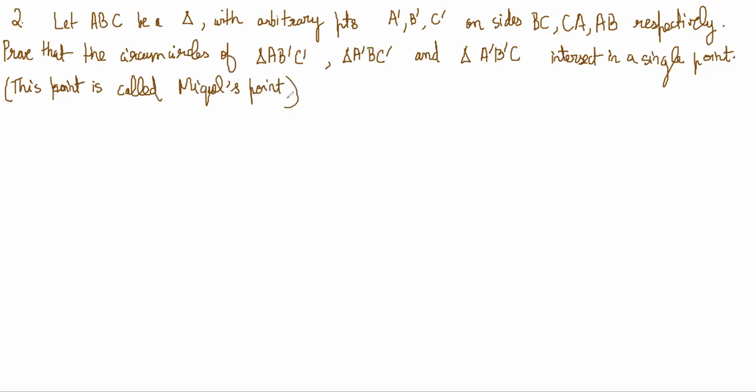So I'll draw a figure. You have a triangle like this, ABC, and you have three arbitrary points. One is C' here, one is A' here, one is B' here.